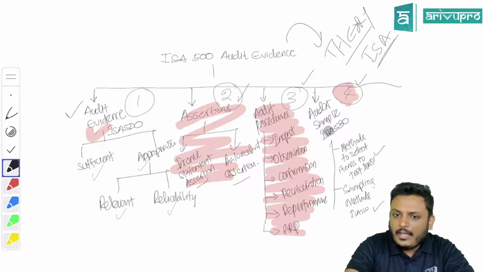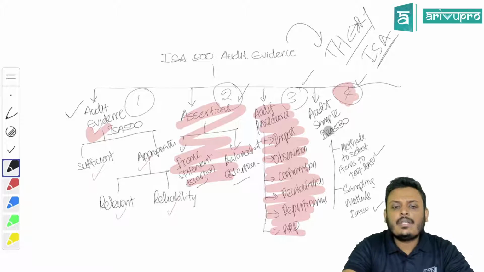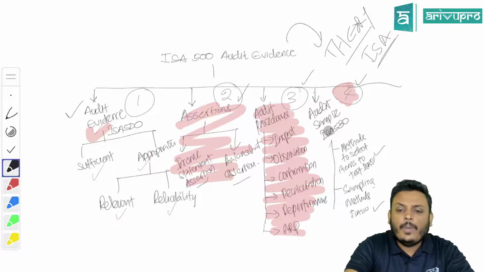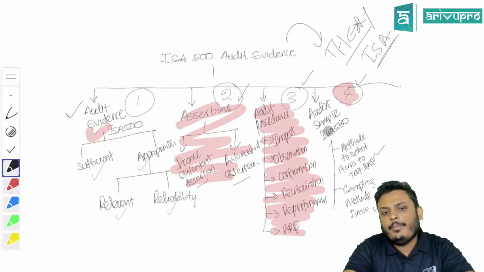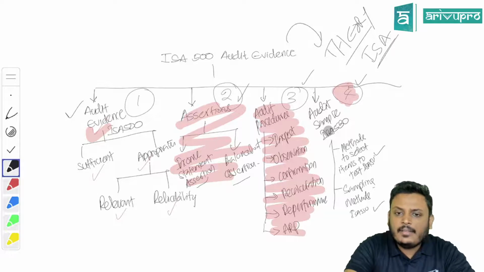Like audit planning, where we discussed several standards, here also in audit evidence we're going to discuss more standards. Therefore, it's very, very important to understand these standards well. In your exam, the examiner can test these standards directly or indirectly.